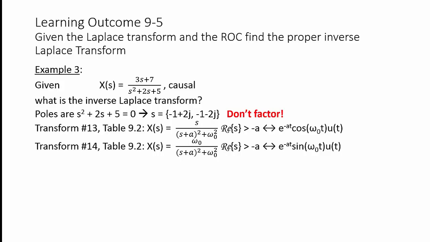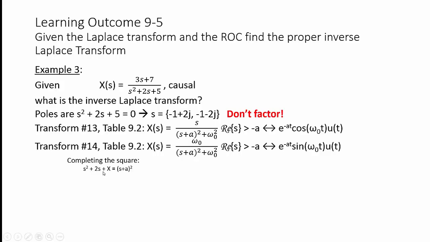Now notice that both of these have a form where we have to do completing the square. We need an s plus a quantity squared and an omega 0 quantity squared. Very quick review on completing the square. You can find other tutorials about this on the internet if you're weak on this.